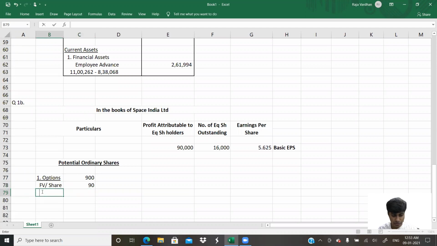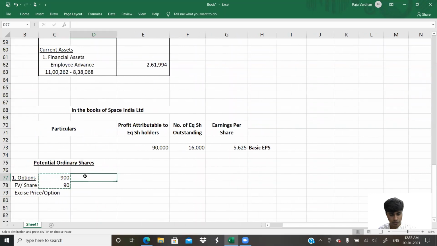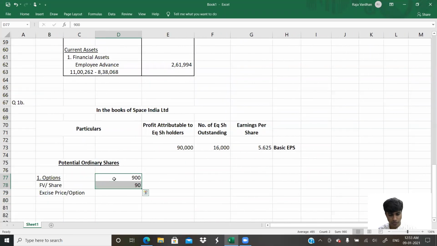Then exercise price per option is how much? 75. So now tell me, how much is the discount? Discount per option is 90 minus 75.